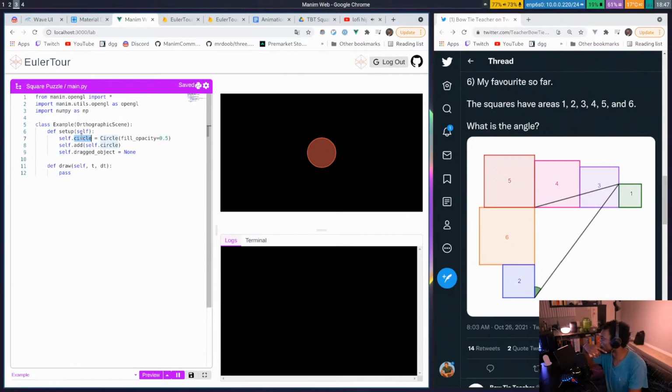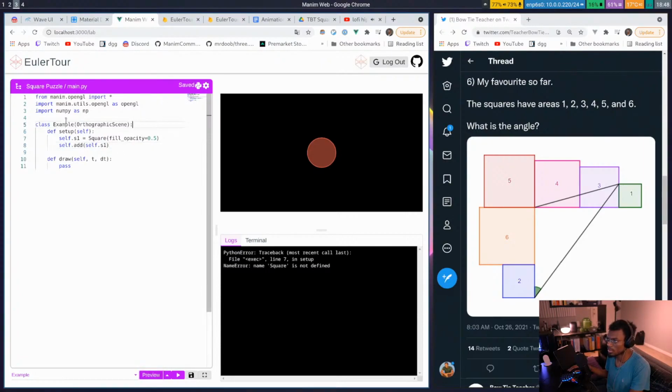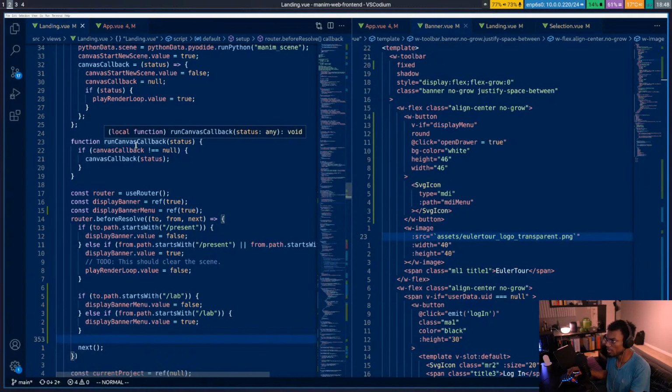Now let me... I just call this S1 or something. I hope there's a square object for one thing. Sure isn't. Okay. Or at least not one imported by default.